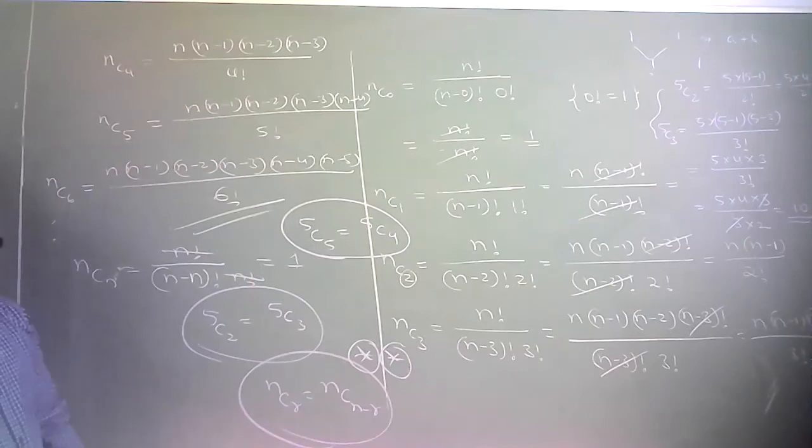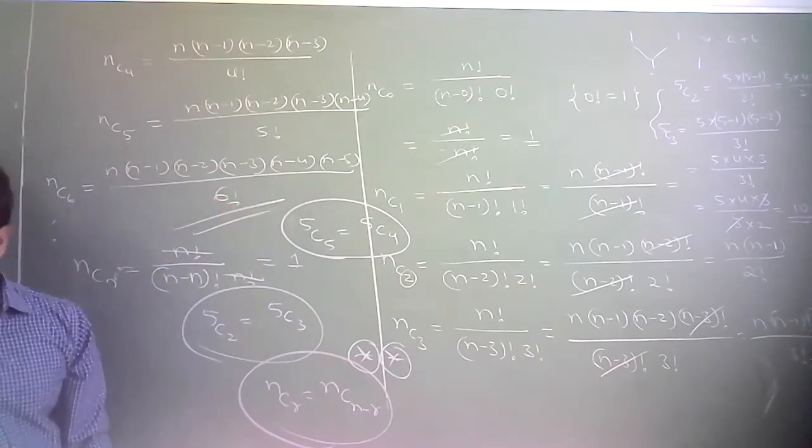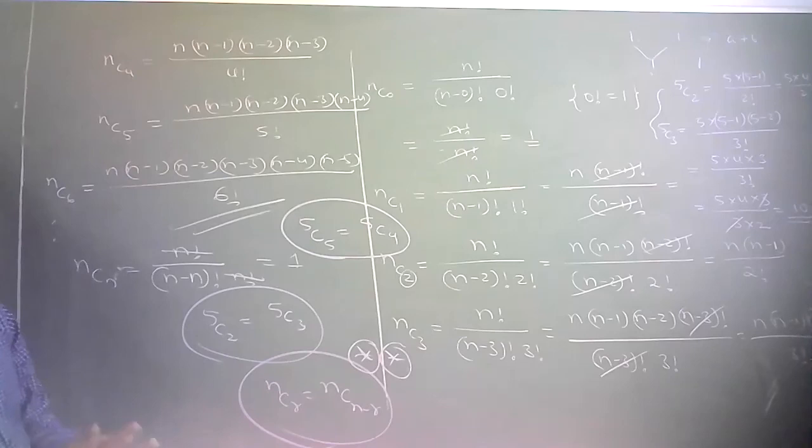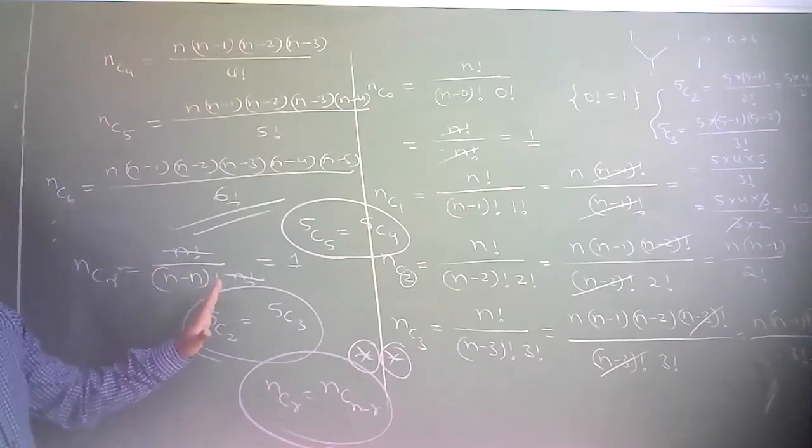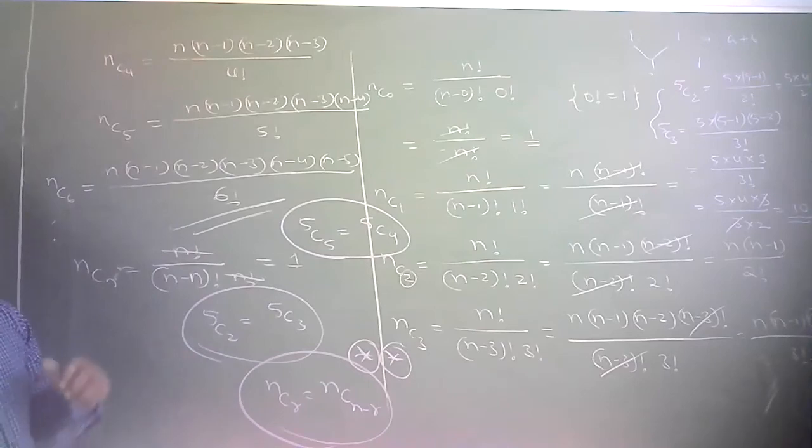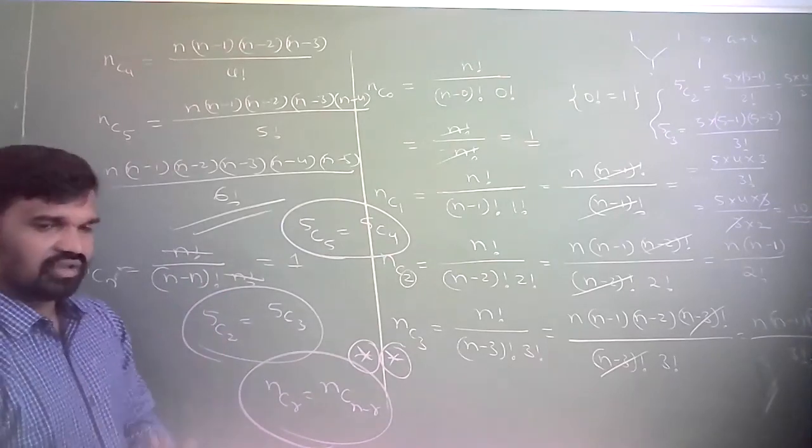So I hope all of you understood this basic information before we start the binomial theorem. If you understand this one, you can understand how I am going to use the binomial theorem and how we apply the binomial theorem in physics. That part also will become very easy. Thank you so much.